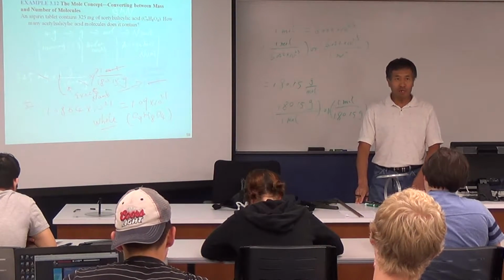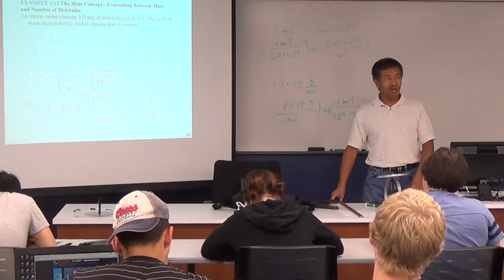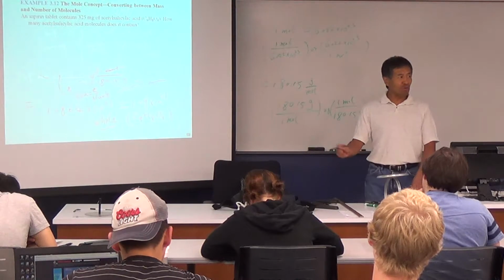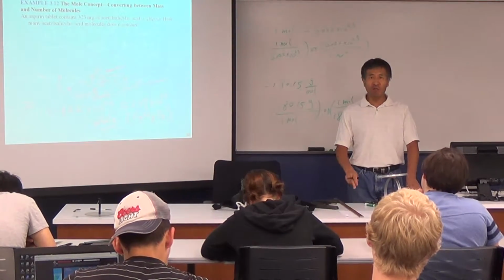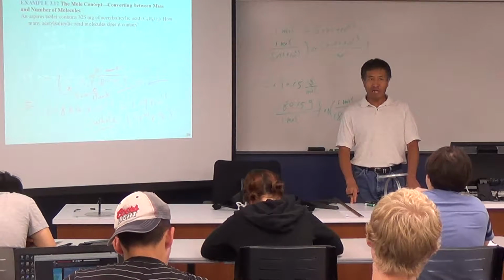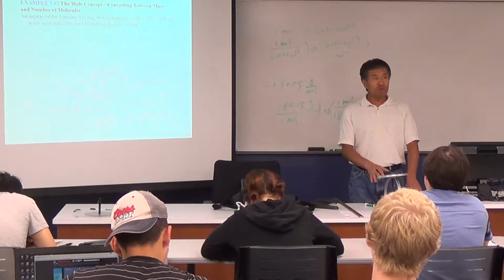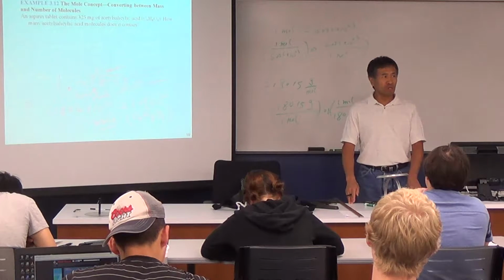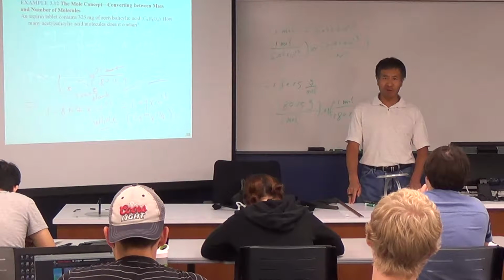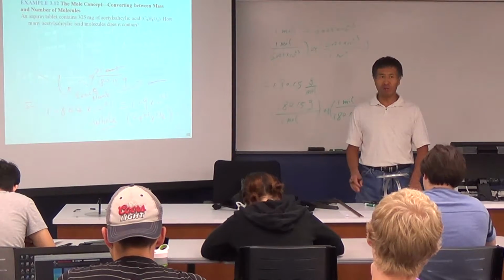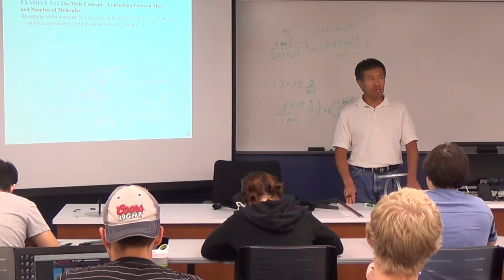Pretty soon you're going to learn that for every one something, for every one aspirin, for every one water, you have to be able to identify how many H you have, how many O you have. Once you have that information, you can do more steps. So right now we calculate that we have this much atom together as a molecule, about 10 to the 21.